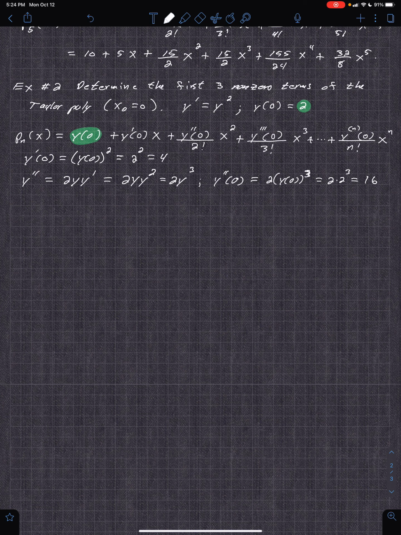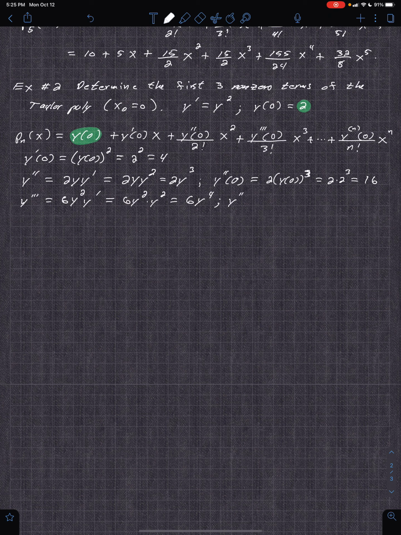And we can do y triple prime. So y triple prime is equal to 6y squared times y prime, right? Just taking the derivative and then using the chain rule. So that's just 6y squared, but y prime is y squared. So that's 6y to the 4th.